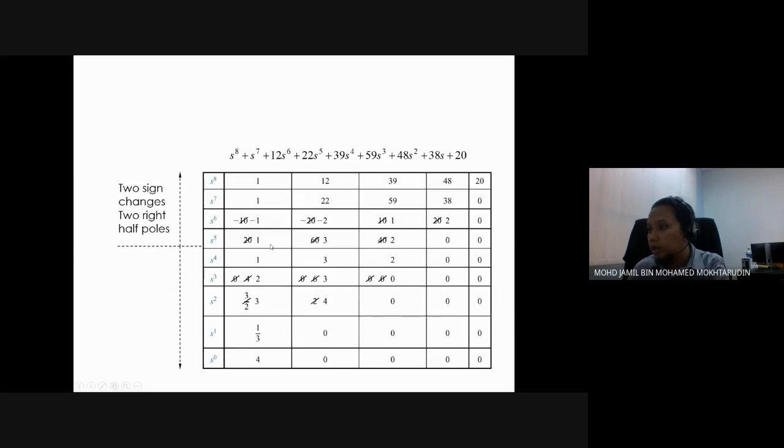Okay, so two sign changes, meaning that there are two poles on the right half of the S-plane. However, from the bottom, there are no sign changes, so no poles on the right half plane. Okay, so the system is unstable because there are poles on the right half plane.